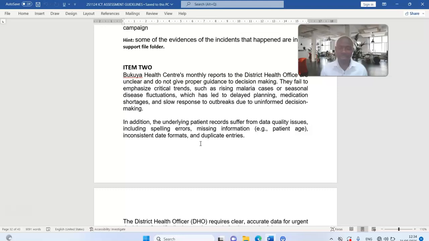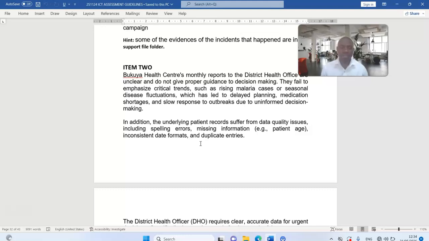In addition, the underlying patient records suffer from data quality issues including spelling errors, missing information, e.g. patient age, inconsistent date formats, and also duplicates.